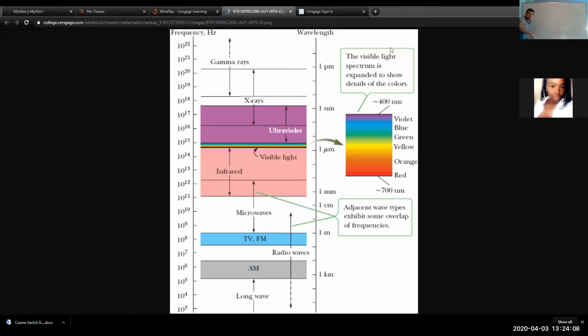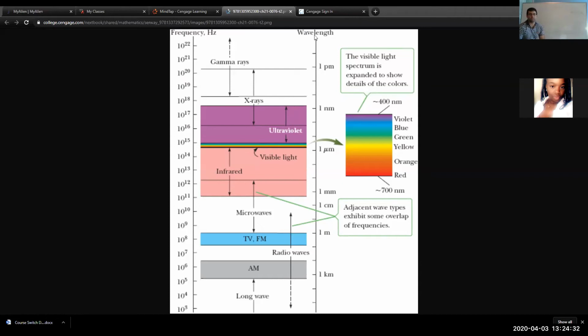So this is the spectrum of light. I know it's a little bit tough to read. There's a lot of information in there. But if you look at the top, you have the two labels. You have a frequency in hertz, which means 1 per second.